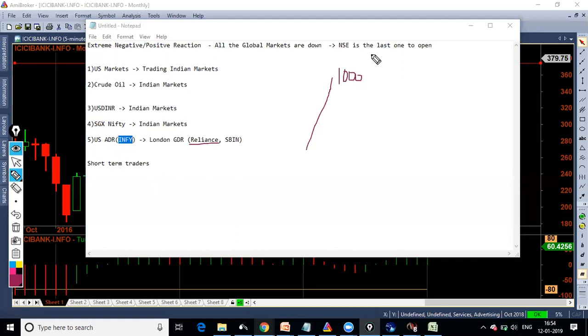The London GDR was up by 6% or so. Everyone was anticipating a big gap up in Reliance, and that it would bring a big move in Nifty. When Monday's market opened, it opened flat, and then nothing happened. In fact, it formed a top, and then it crashed some 6% on the downside.